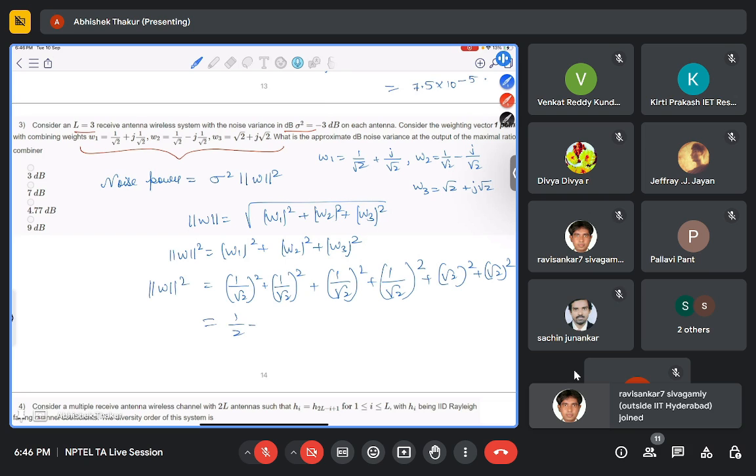So the final value will be half plus 2 plus 2. So this will be 2 plus 4, that is equal to 6.